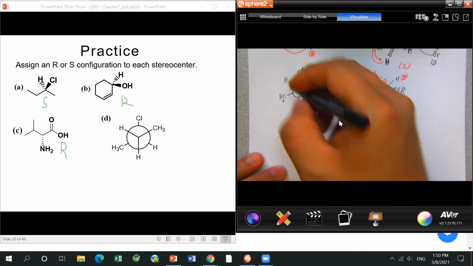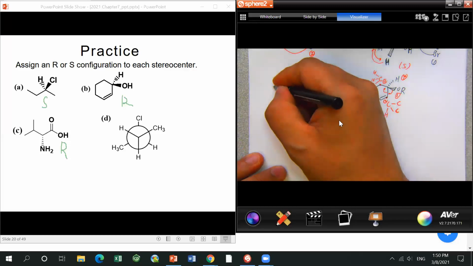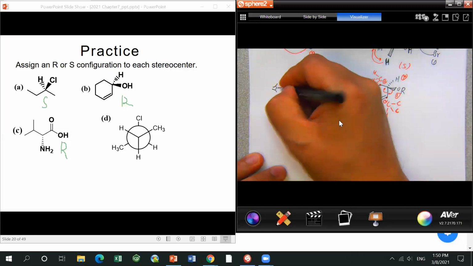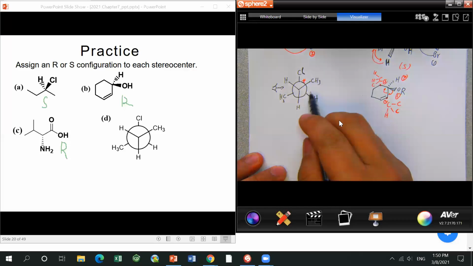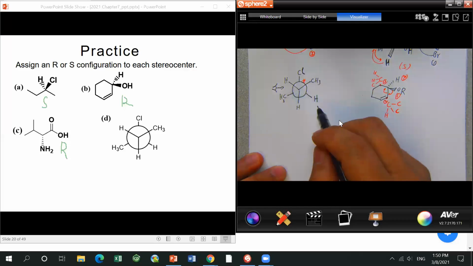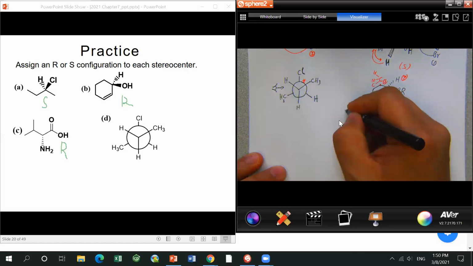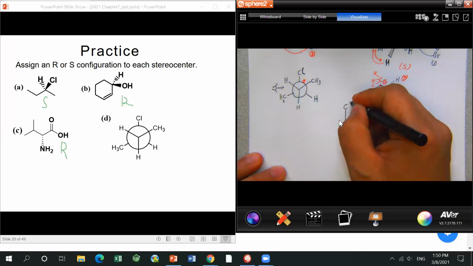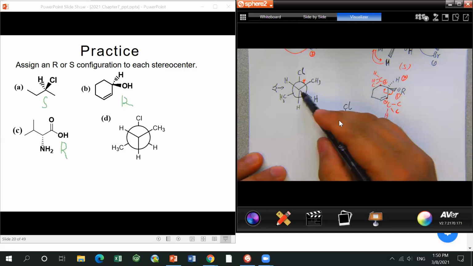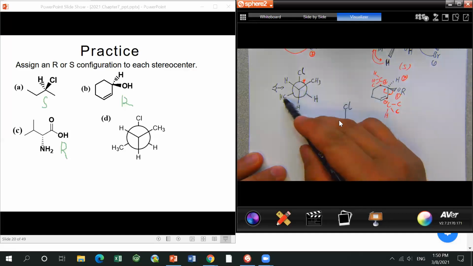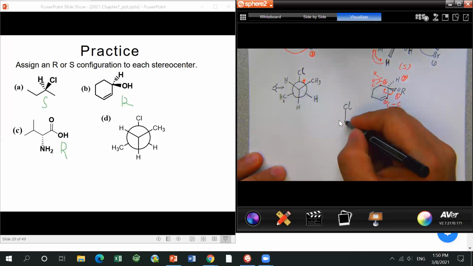So what you can do is rotate your view and look at the molecule this way. Definitely the chlorine is on the top, and this methyl group will point towards you.